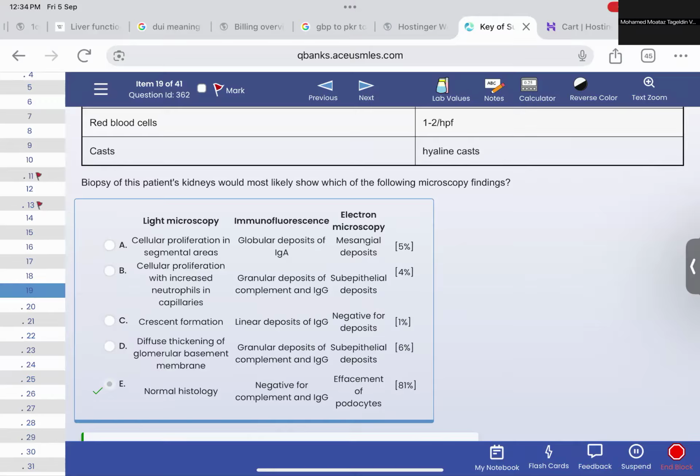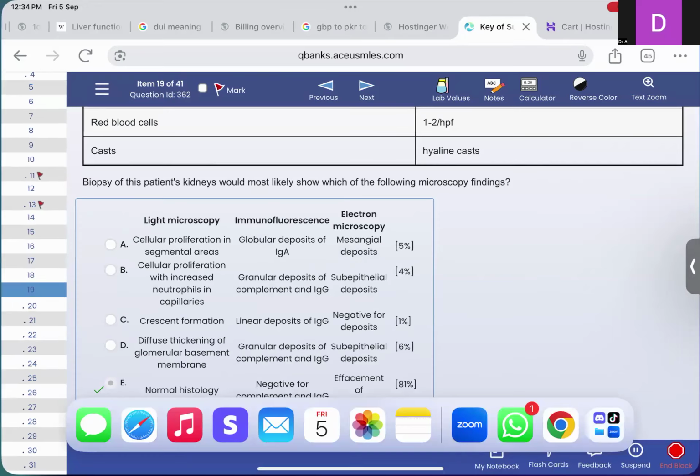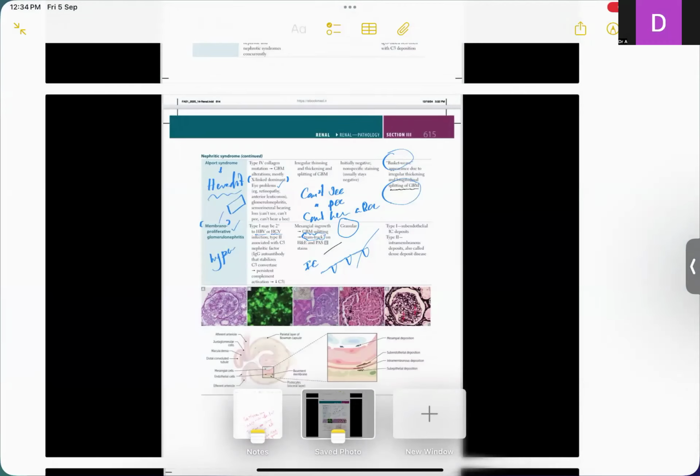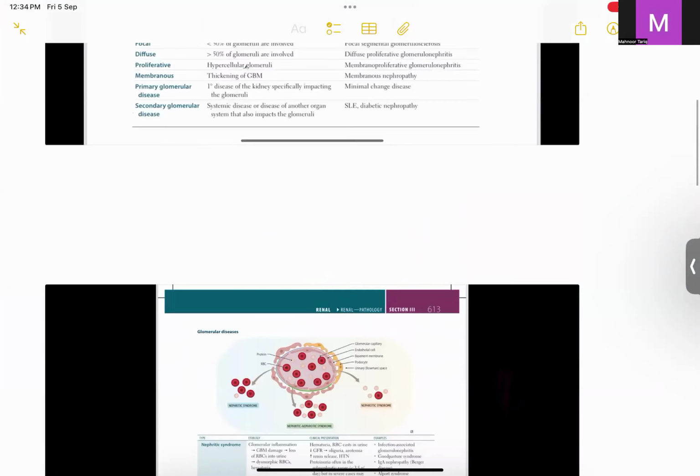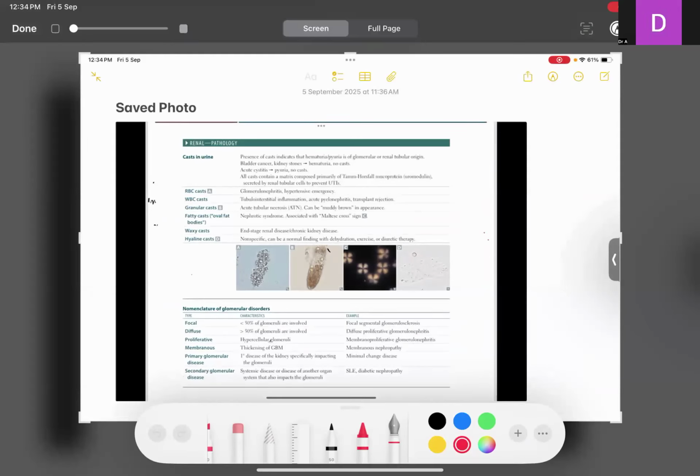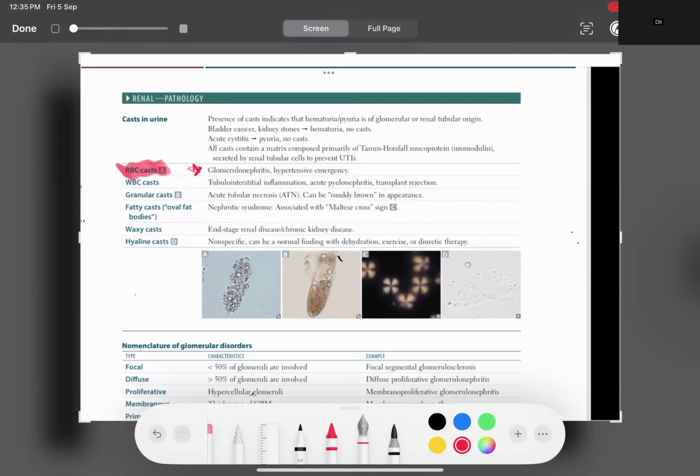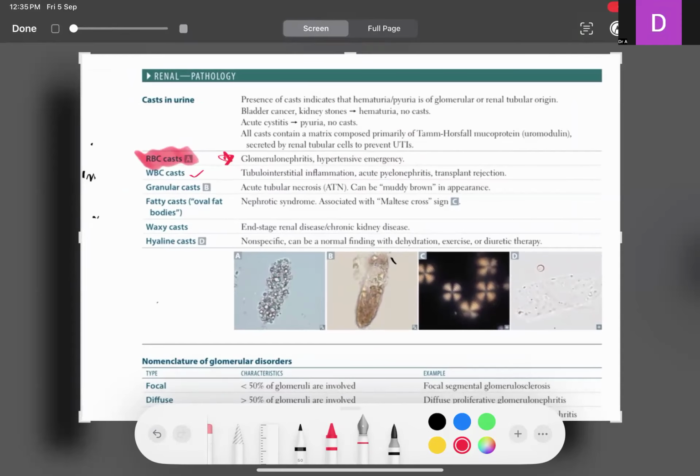So about casts, you can see in your book. There's a table actually that we have to memorize. RBC casts in glomerulonephritis, okay? WBC casts, tubulointerstitial disease, okay?